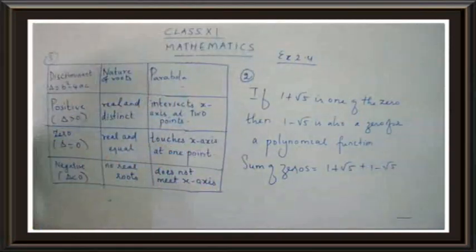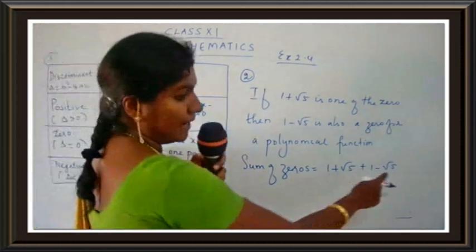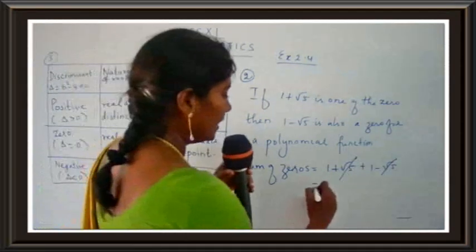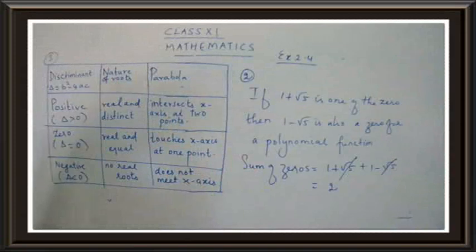Sum of zeros is equal to 1 plus root 5 plus 1 minus root 5. So plus root 5 and minus root 5 cancel, and what is left here is 2. Sum of zeros is equal to 2.